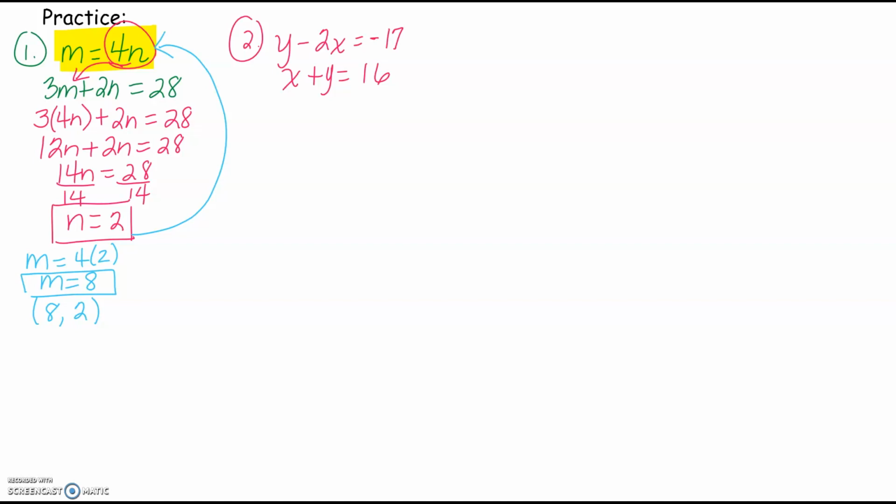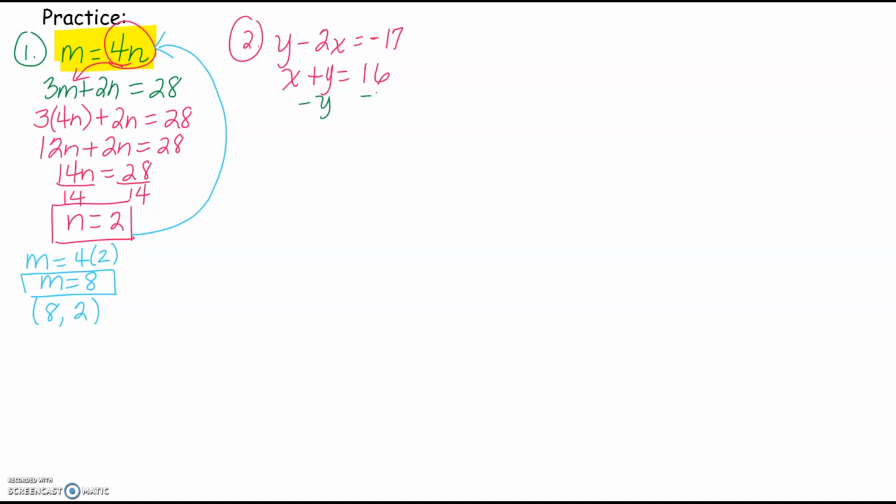That is not true with the first or second equation, so you have choices. You can solve the first equation in terms of y by adding 2x, or you can solve the second equation in terms of x or y. It doesn't matter because both of them have a coefficient of 1 in front of them. So it's just a matter of which one you want to do. I'm going to take the second equation. I'm going to solve it in terms of x.